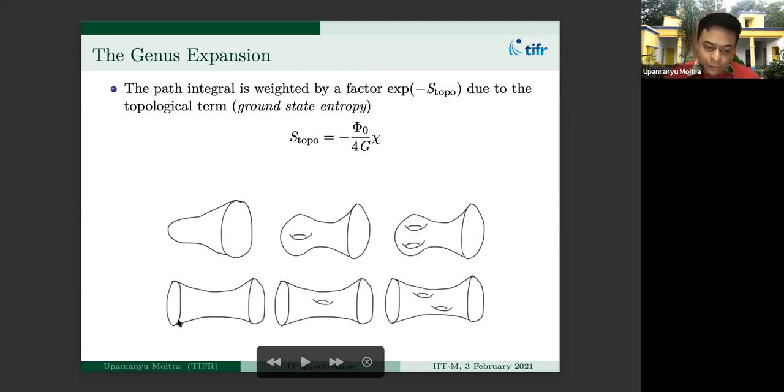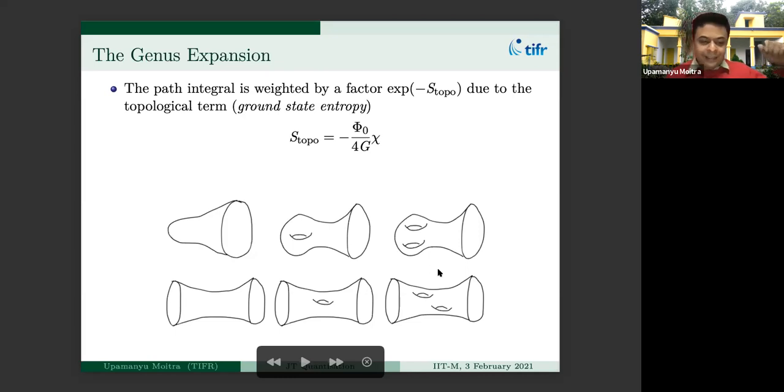So we can also consider a manifold with two disconnected boundaries like here, which we are calling the double trumpet. This is suppressed as compared to the disk, because the Euler character of the double trumpet is 0. You can dig some handle within the double trumpet, which gives a suppressed contribution, and you can dig further handles which give further suppressions, and so on.